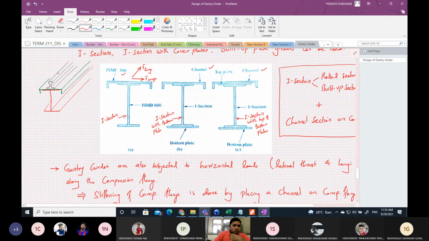Okay, so here the wheels. This is the wheel load, crane wheel.